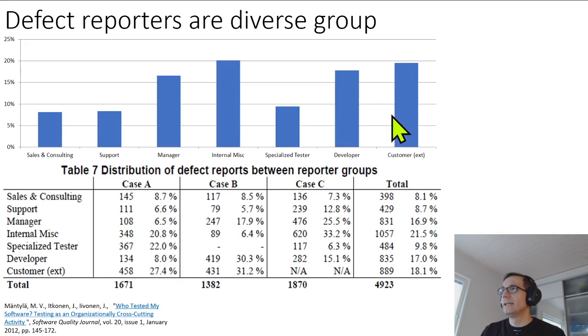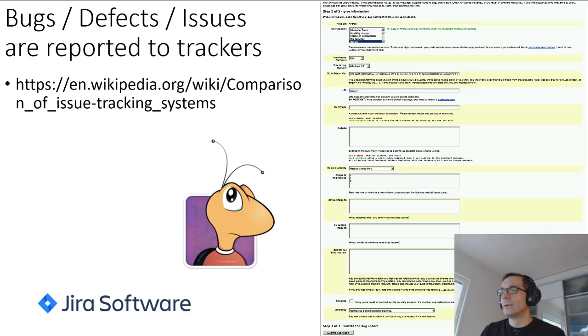So as can be seen, defect reporting is done by different types of people, resulting in varying quality of defect reports. And it also means that the defect reporting system should be easy to use for all these different groups. So typically these bugs, defects or issues are reported to different types of defect trackers.